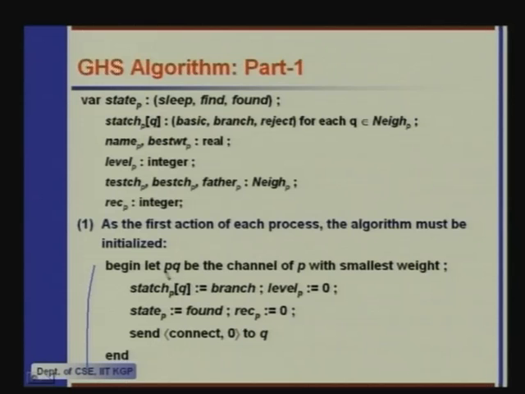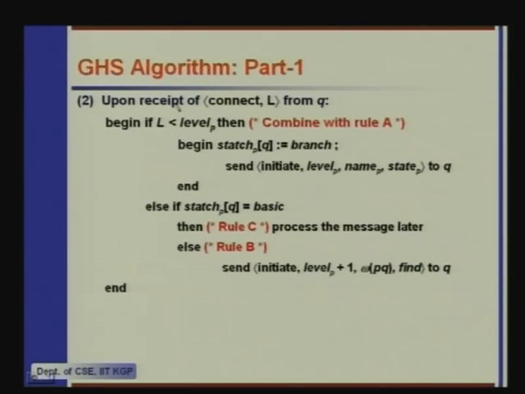So, the process P actually finds out the channel with smallest weight and declares that channel to be a branch edge of the minimum spanning tree, and it sets its own level to 0, its own state to found, and this is a counter which we have not yet described what it does, and then you send a connect 0 message to the neighbor q.